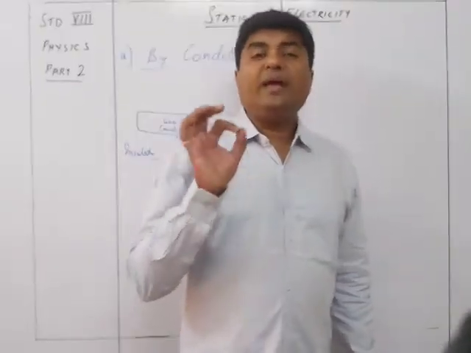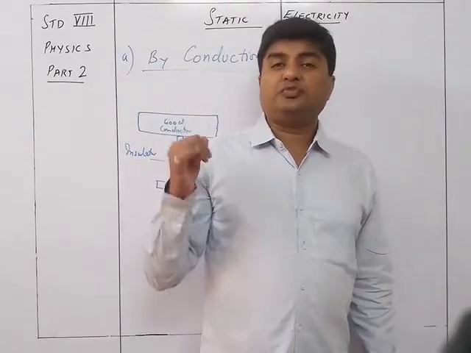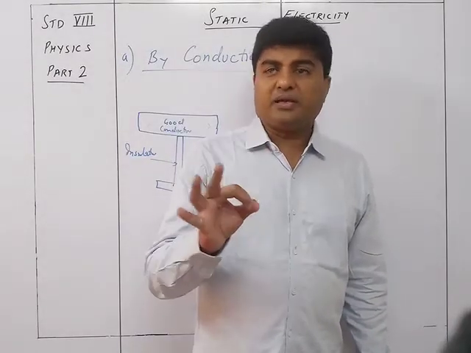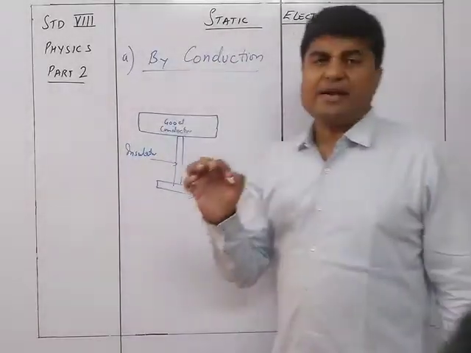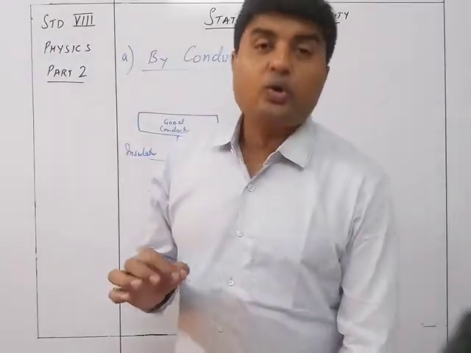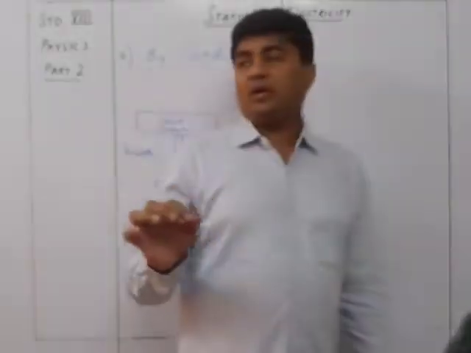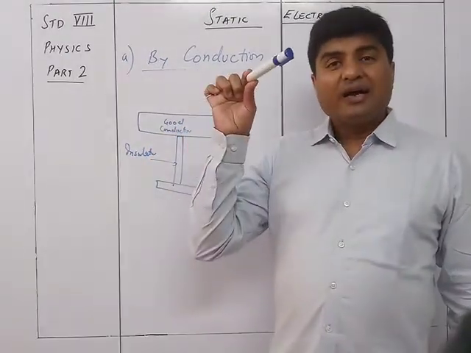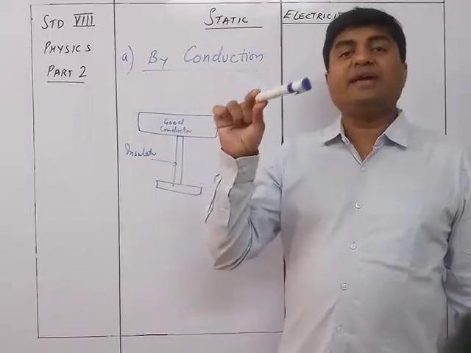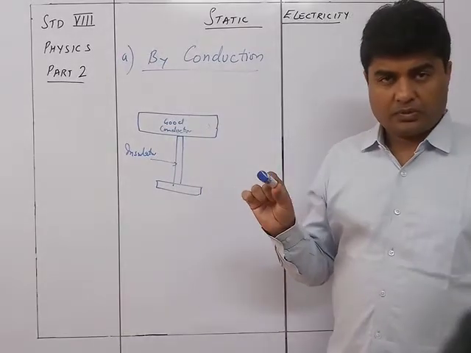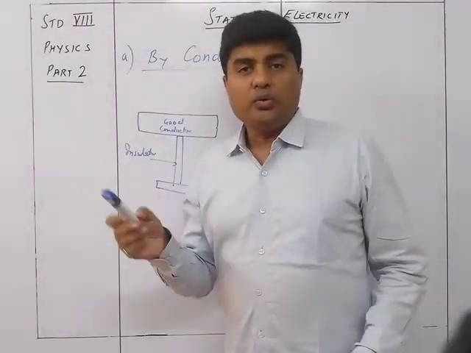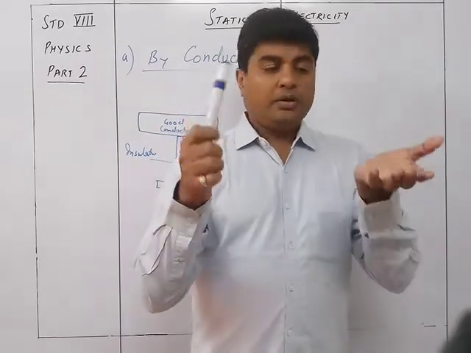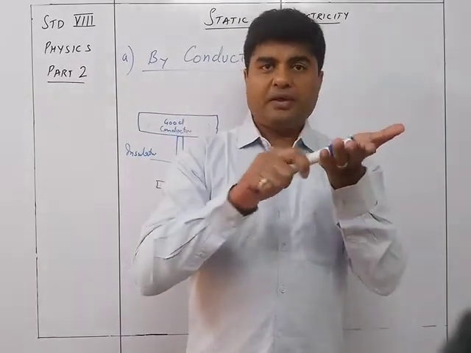So we are going to charge this particular good conductor with a method which is called conduction. Conduction means you are going to touch this good conductor with a non-conductor which is already charged. So suppose this is the glass rod, rubbed with silk.